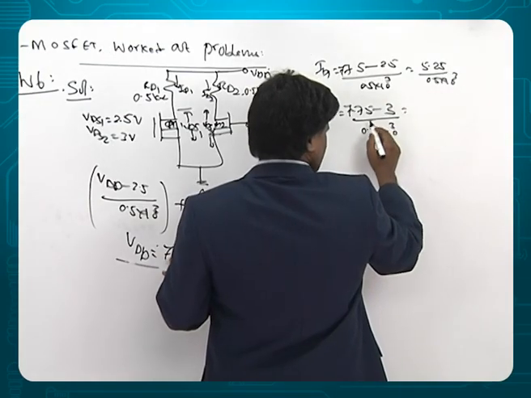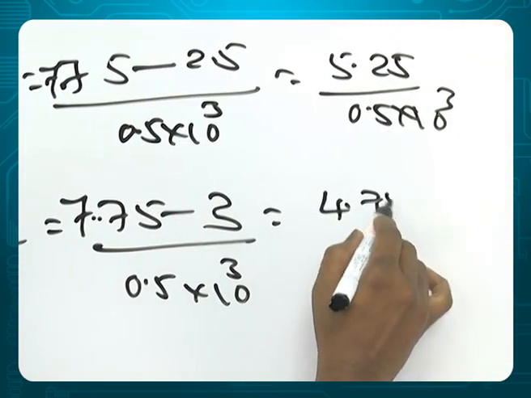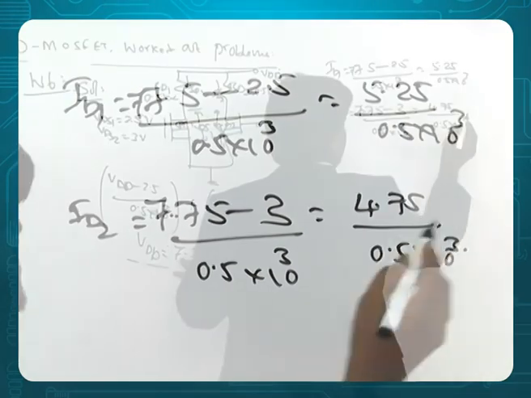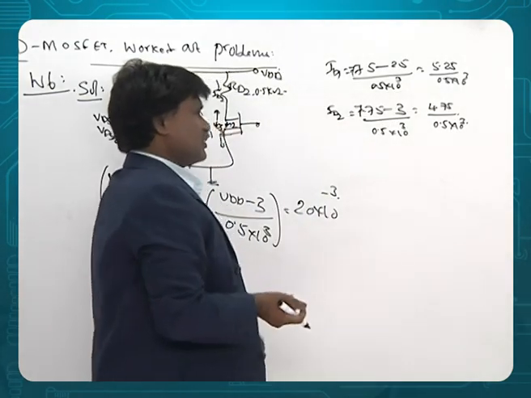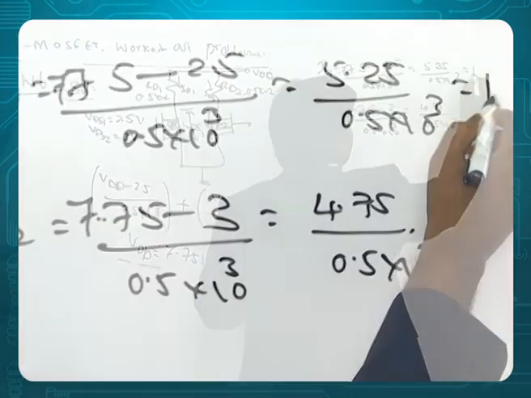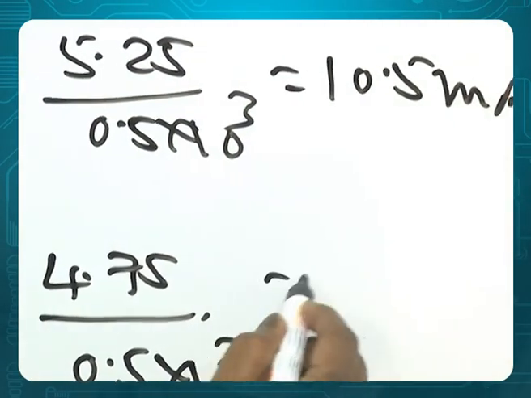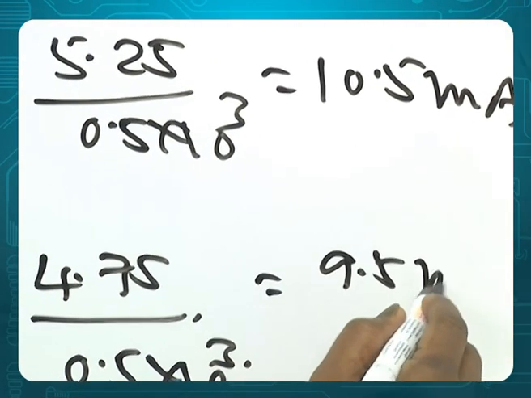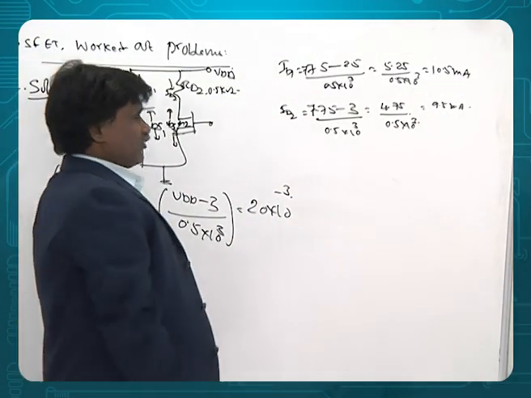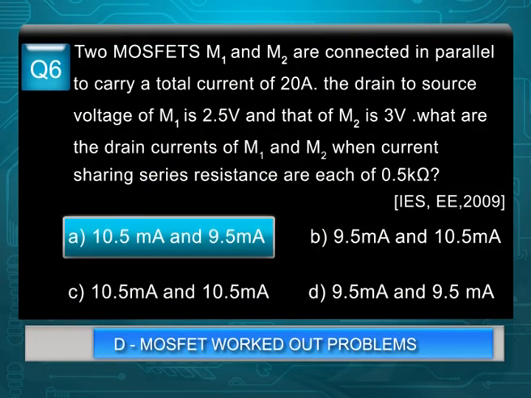This is 4.75. So what are the values that you can say? 0.5 kilo goes up and become 10.5 milli. 9.5 milli. This is the answer. Therefore, coming to our options, our option is A.